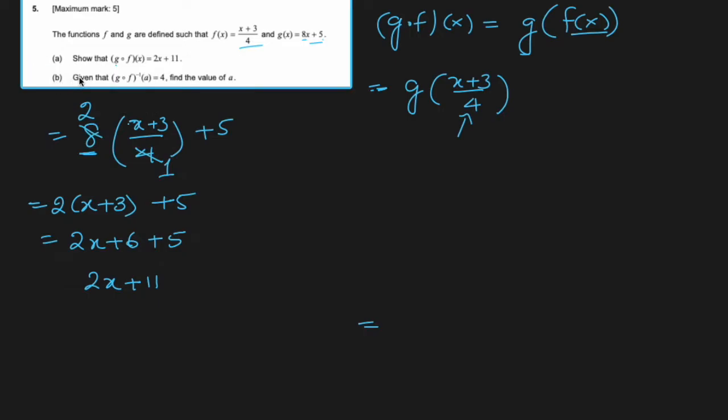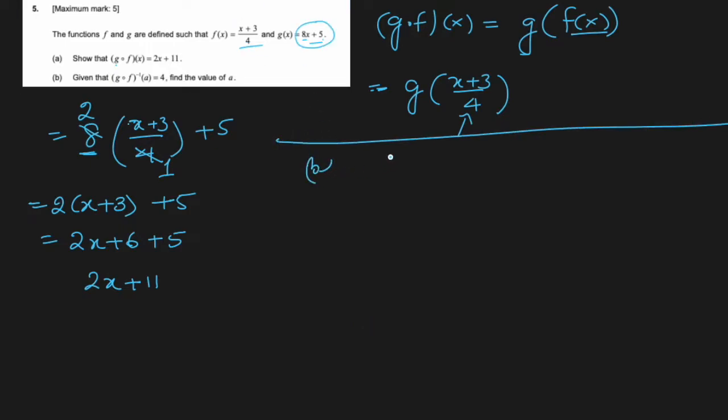Okay, what is part b? Given that g(f inverse(a)) is 4, let's do it in a similar way. We already know g(f(x)) is 2x plus 11, right?